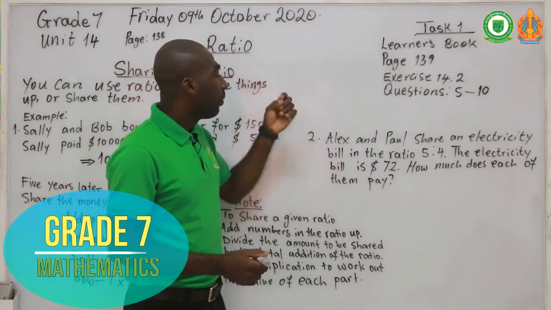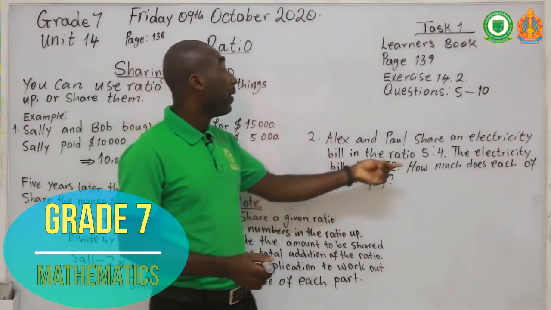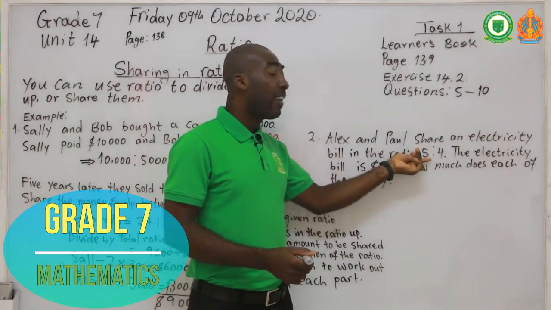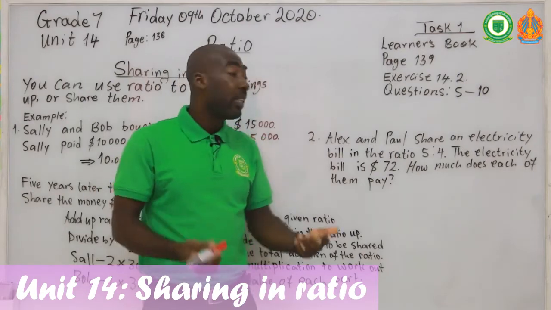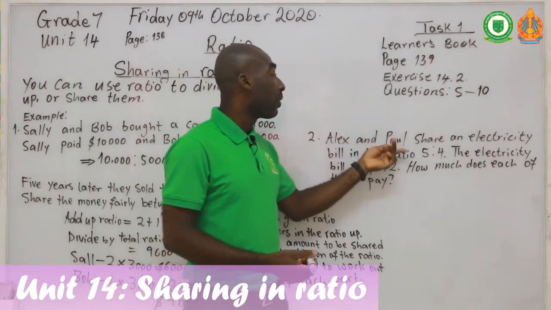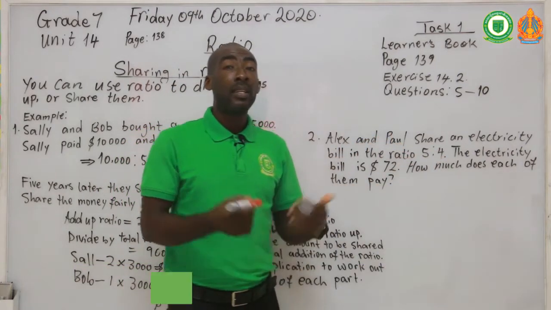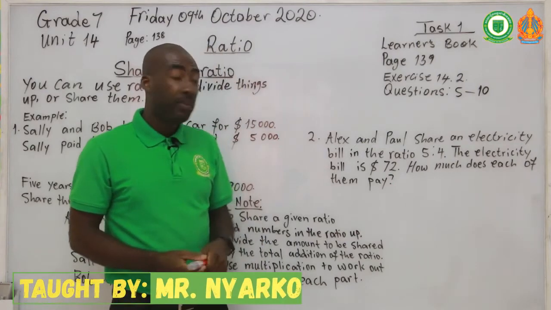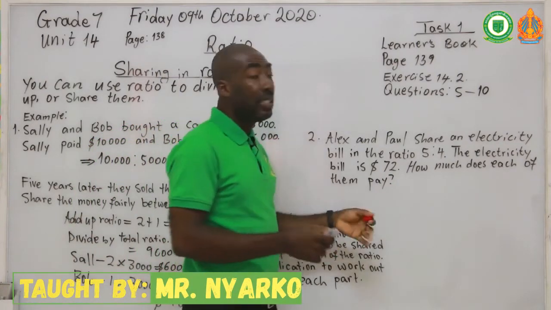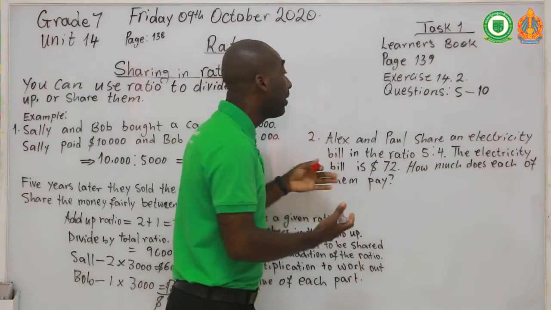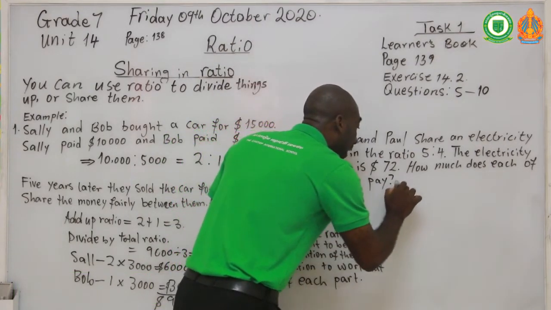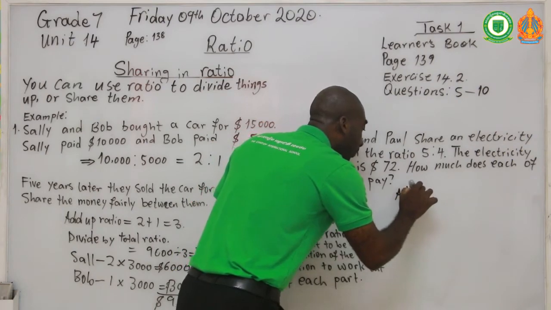Okay, so as we know from our ratio, the first number goes to the first person that was mentioned, and the second person that was mentioned takes the second number as well. Okay, so to find the amount of money that each person paid, we need to first add up our ratio.